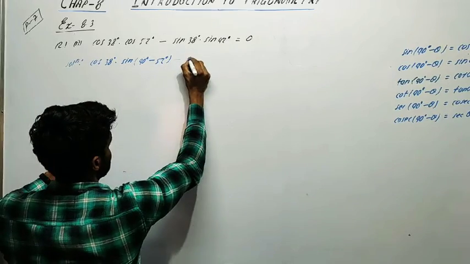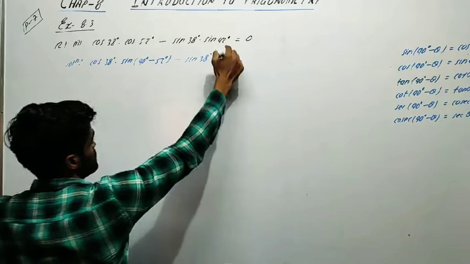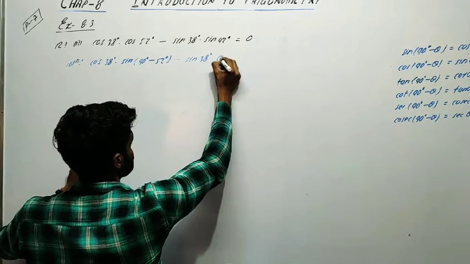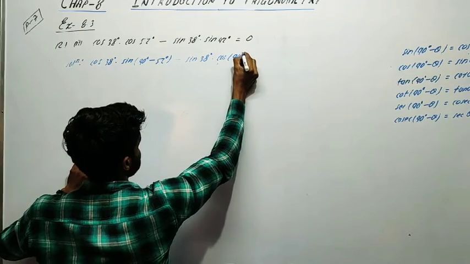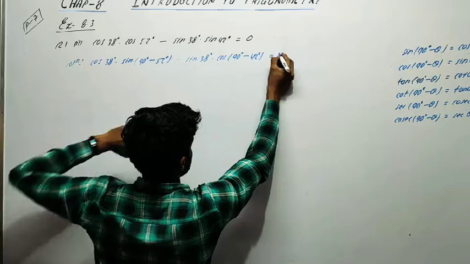minus sin 38 degree into sin theta can be expressed as cos 90 minus theta, cos 90 degree minus theta is 42 degree is equals to 0.